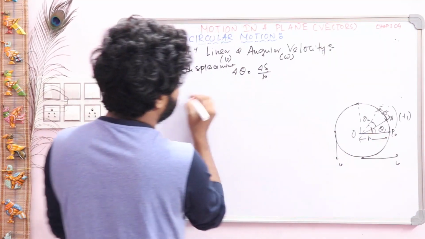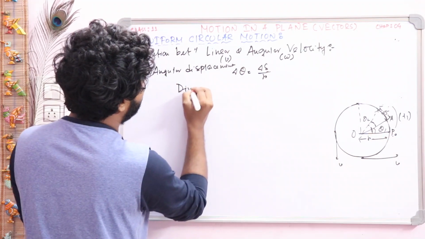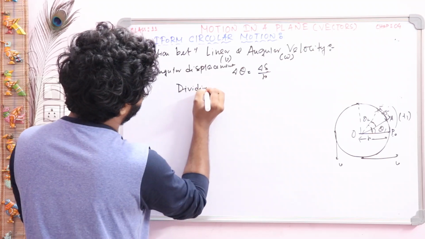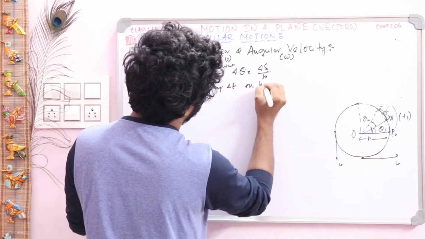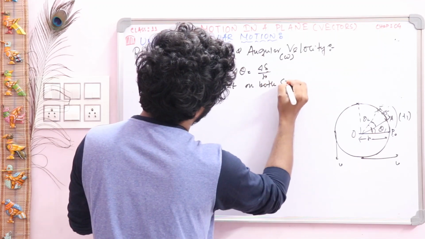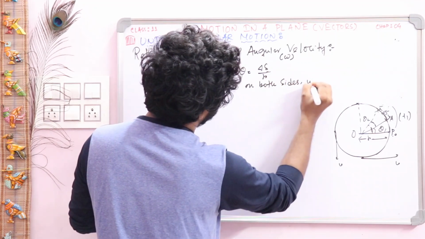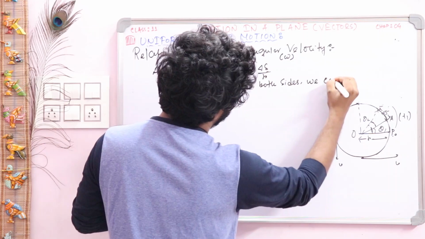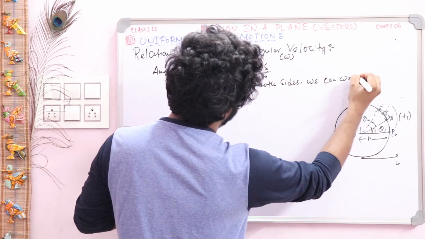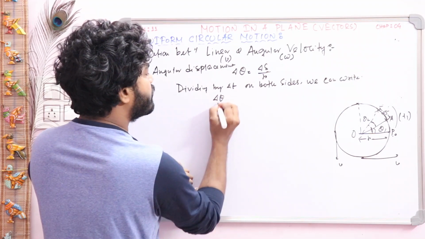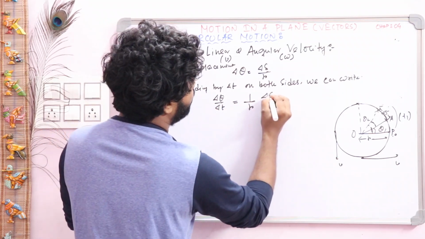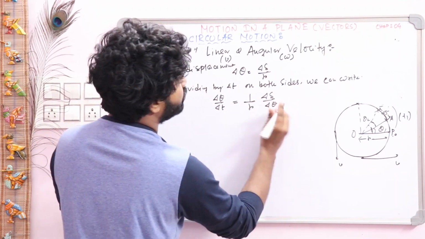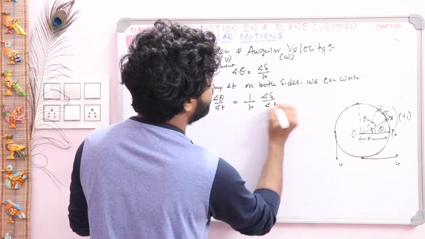Okay, now dividing by del t on both sides, we can write del theta by del t equals 1 by r del s by del t.